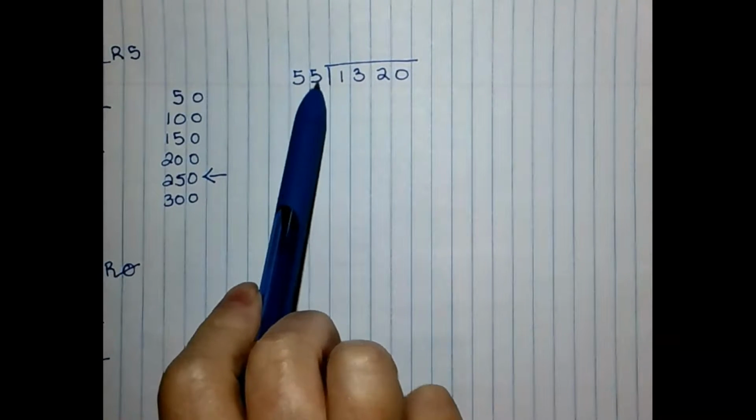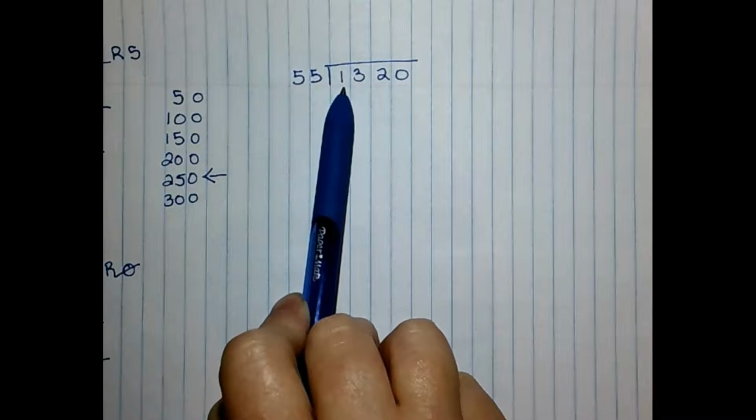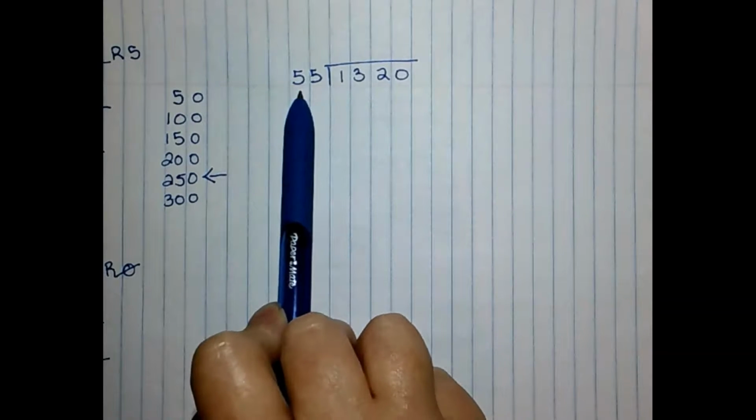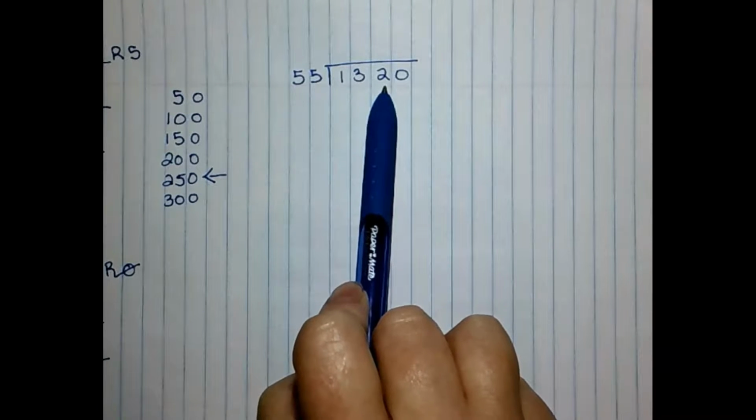Let's try another problem. Remember, we first want to ask ourselves, can we make a group of 55 from this 1 without regrouping? And the answer is no. What about from 13? Can we make a group of 55 from it? Again, the answer is no. What about from 132? Yes, we can.